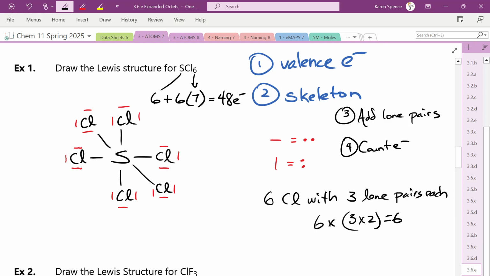And 6 times 6 equals 36. So we have 36 electrons, and then we have the ones in the bonds, 36, 38, 40, 42, 44, 46, 48 electrons. And guess what? It's correct. Yes? You'll find that most of the time you're just like, oh, well, that worked out.